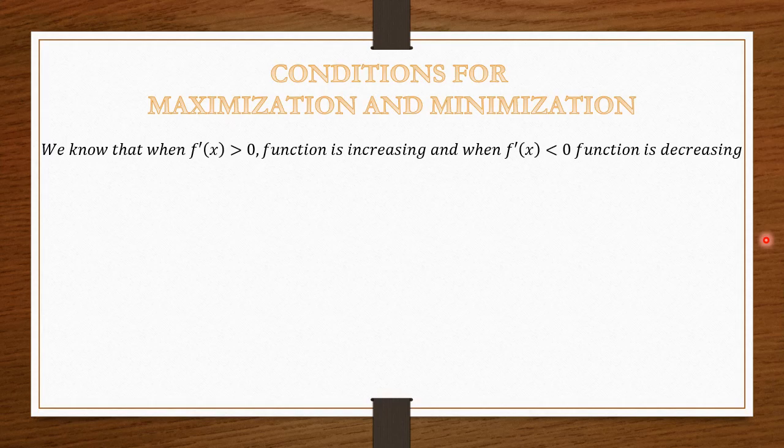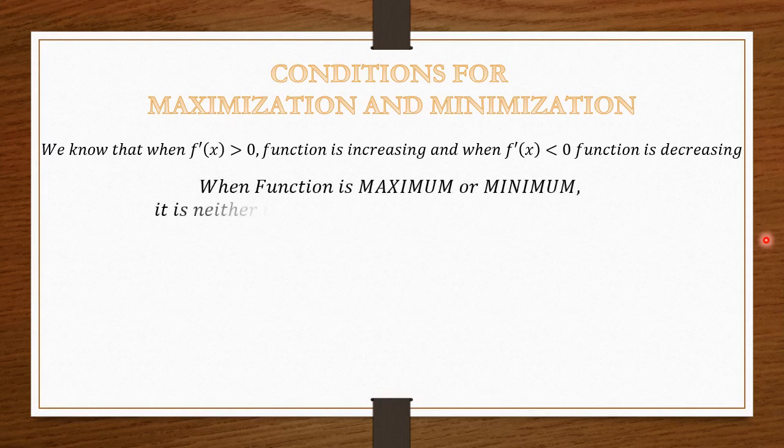So what if f dash x is equal to 0? When a function is maximum or minimum, it is neither increasing nor decreasing. That is, it is stationary. When it is either a maximum value or the minimum value, it is not increasing, it is not decreasing, it is stationary, it is stable. So whenever a value is not increasing and not decreasing, naturally it has to be equal to 0.